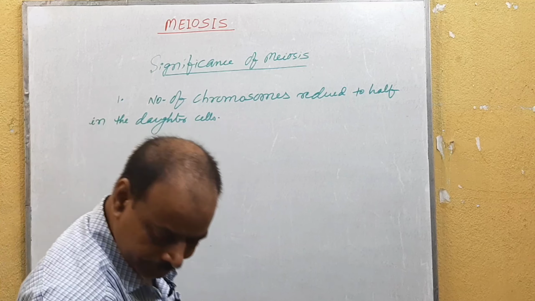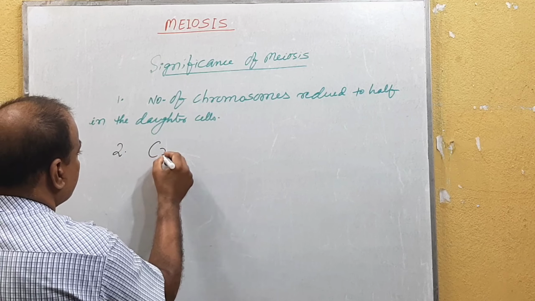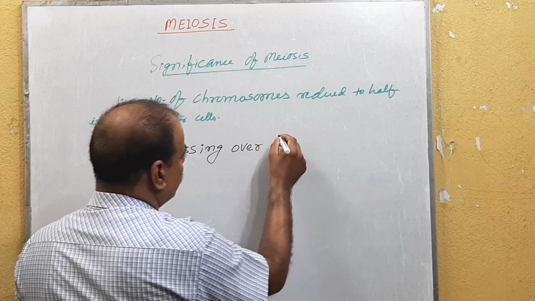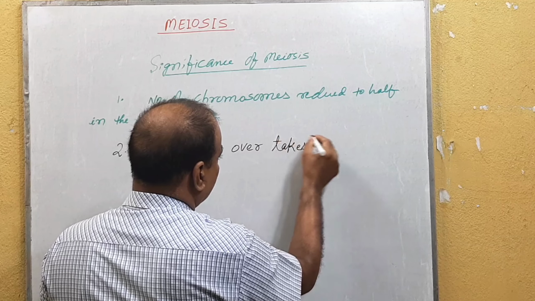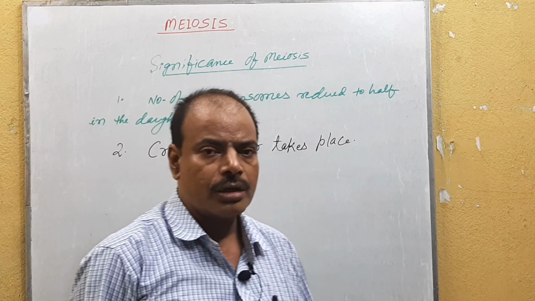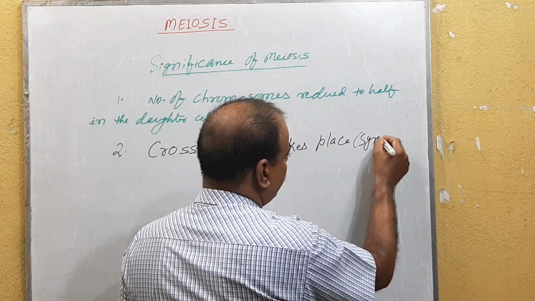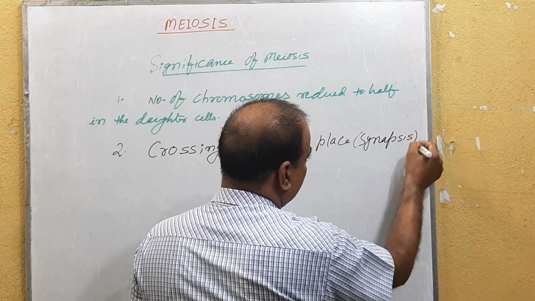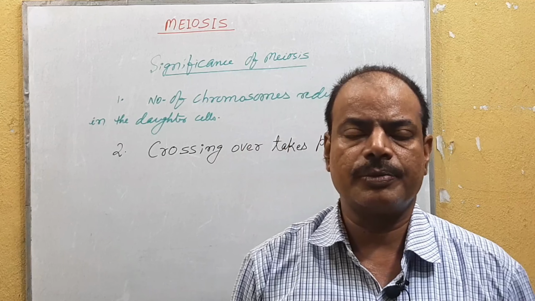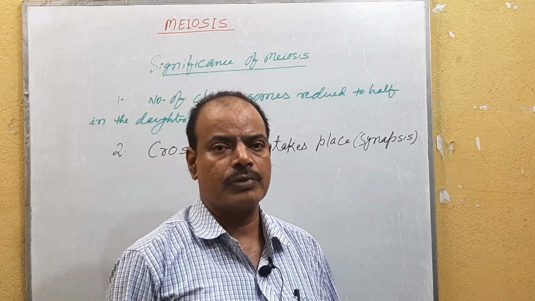And number 2, crossing over takes place. Crossing over is also known as synapsis. Crossing over is the process of exchange of genetic materials between non-sister chromatids of a pair of homologous chromosomes.